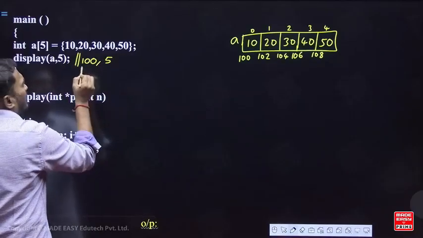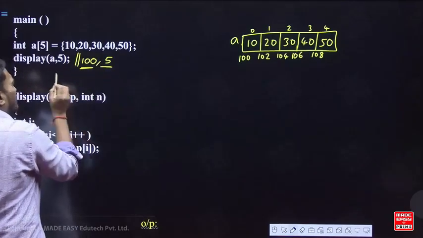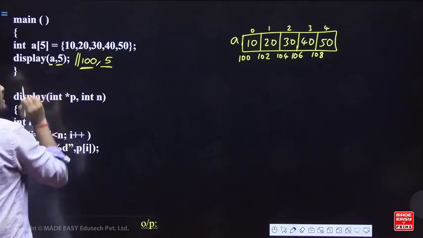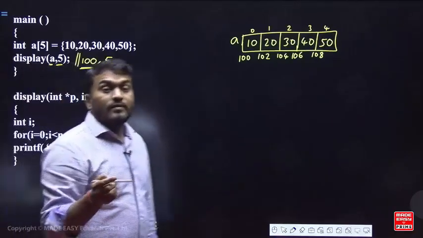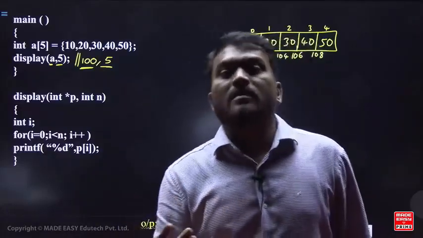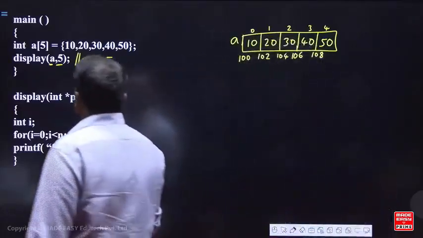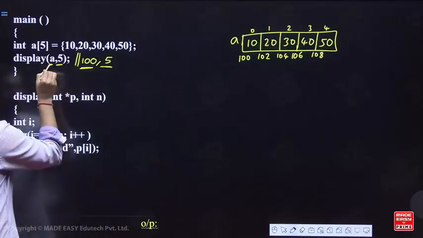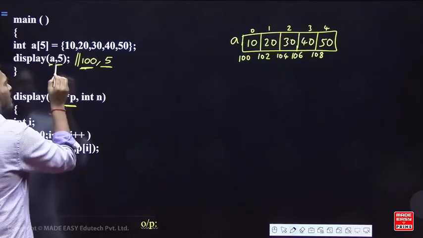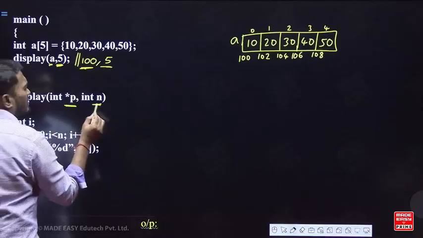So you are passing 100 comma 5. The first one is the base address and the second one is the integer. What is the important point? When you are passing the base address, the receiver should be a pointer variable. So check, is the receiver a pointer variable? Yes, because we are passing the address here. And the second one is the integer, so the receiver should be an integer. Yes.